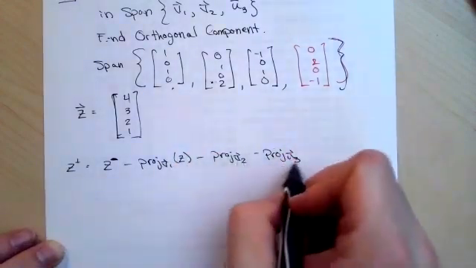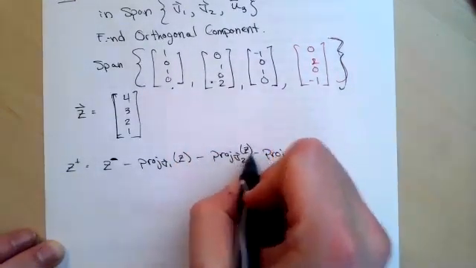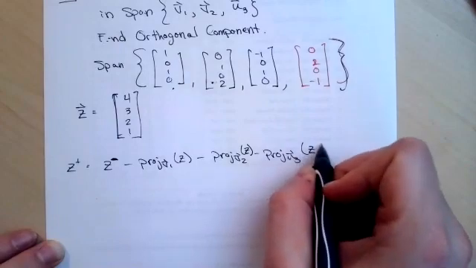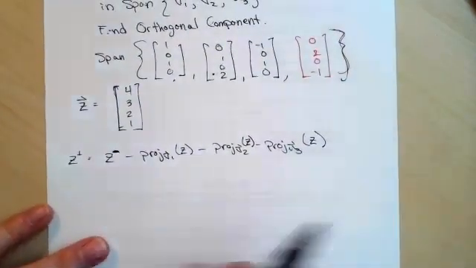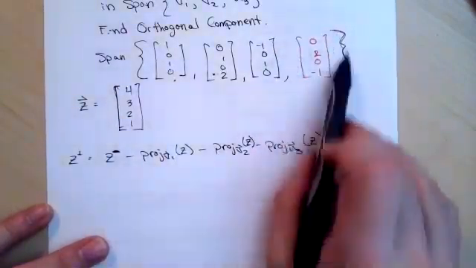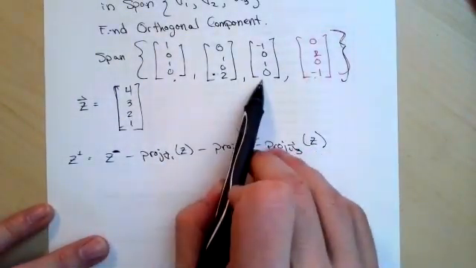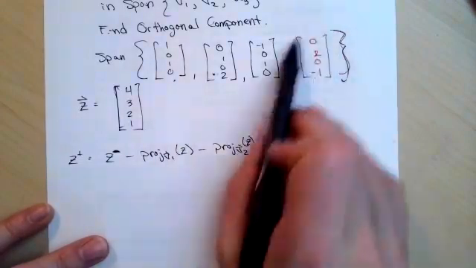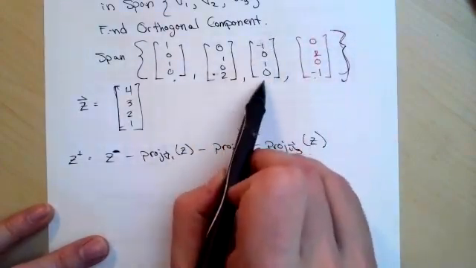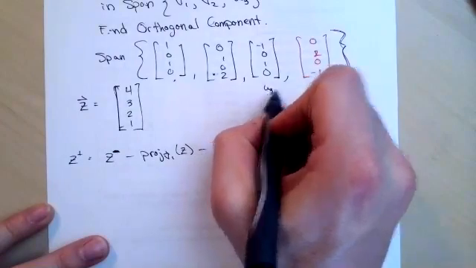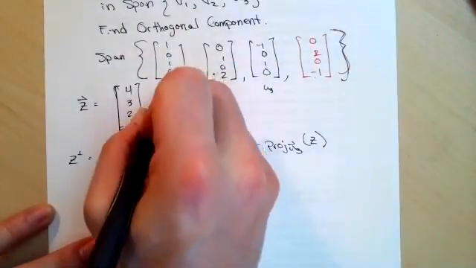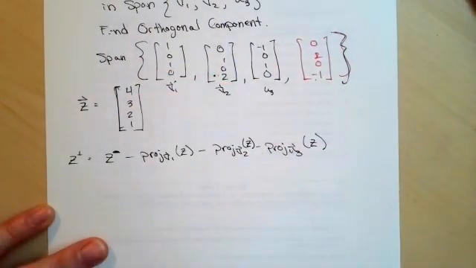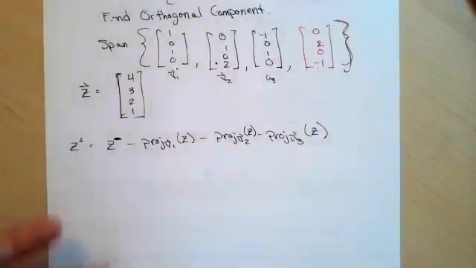Now we don't need to subtract off the projection onto U3 in order to find a vector that's in W perp. But if we want an orthogonal basis for W perp, we're going to need this fourth guy to be perpendicular to U3. So we might as well just subtract off that parallel component.